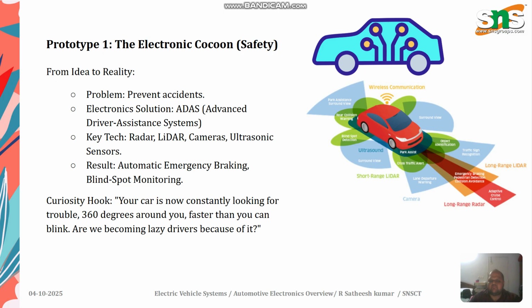We have technical features like lidar, cameras, and ultrasonic sensors, which help with automatic emergency braking and blind spot monitoring. Your car is actually looking 360 degrees around you. Even we can't look that fast. Sometimes we miss something, but this car helps us look around 360 degrees efficiently.